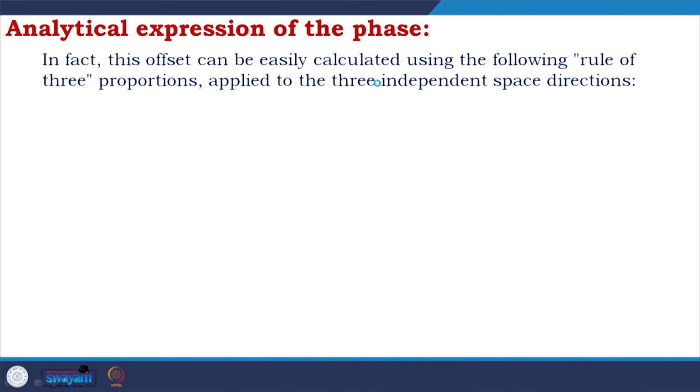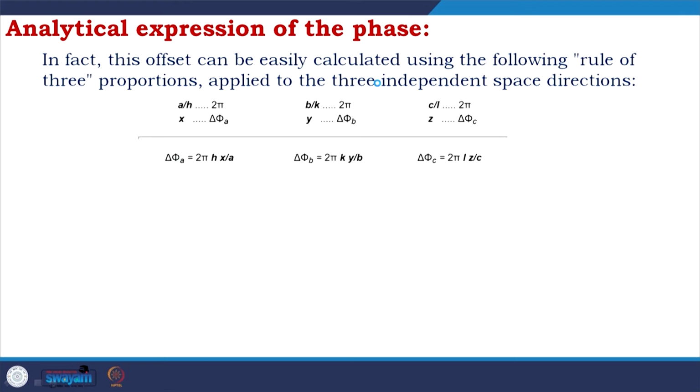In fact, this offset can be easily calculated using the following rule of 3 proportion applied to the 3 independent space directions. So, there are 3 differences, del phi a, del phi b and del phi c: 2 pi h x by a, 2 pi k y by b and 2 pi l z by c.